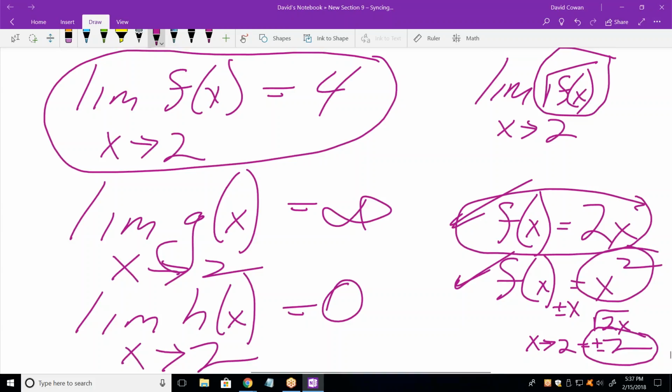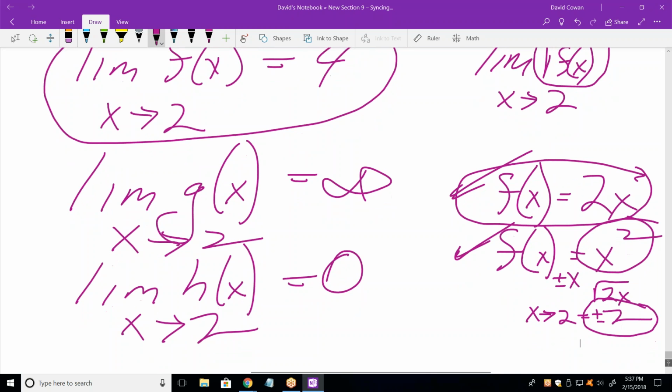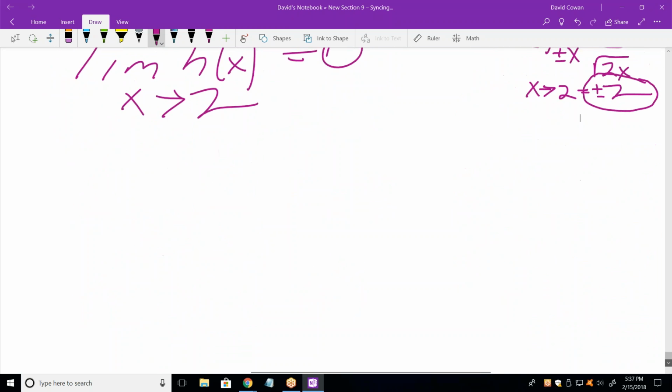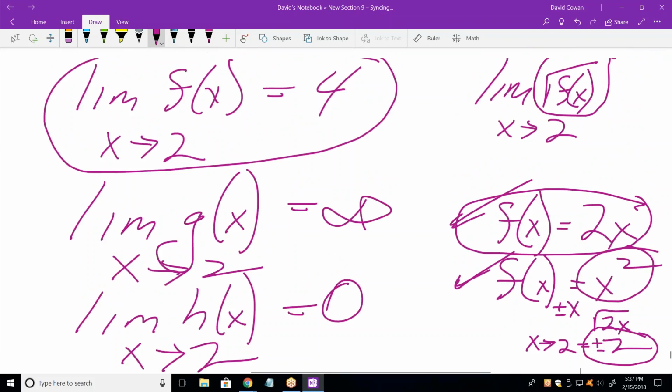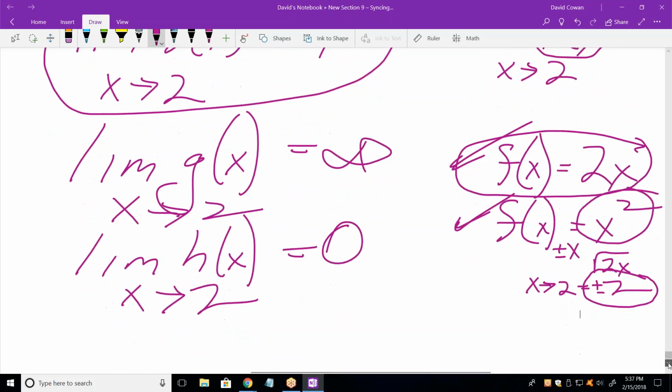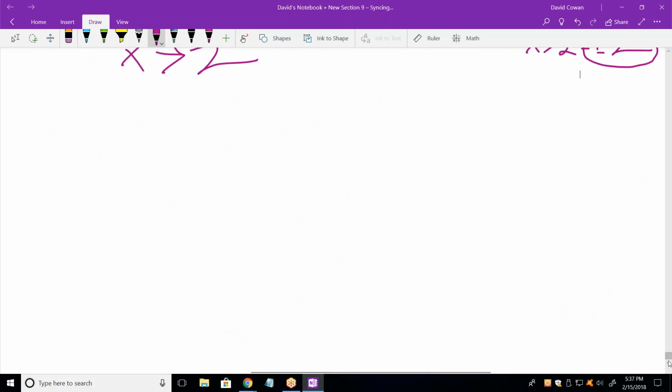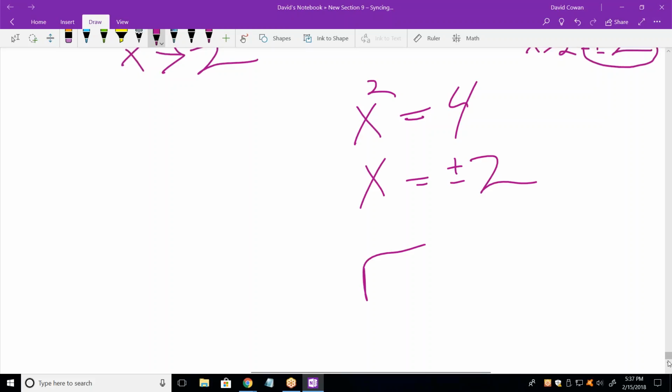Here's the rule. Let's talk about that because this is a little confusing to a lot of people. If I say this, then I have to take the square root of both sides to solve it. That is definitely that. If I say this, that is definitely that.